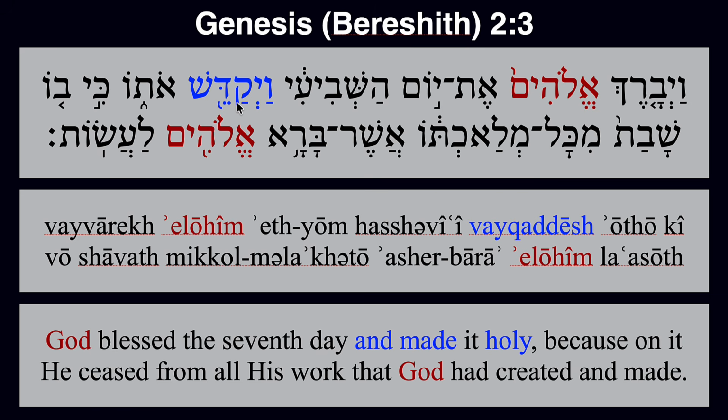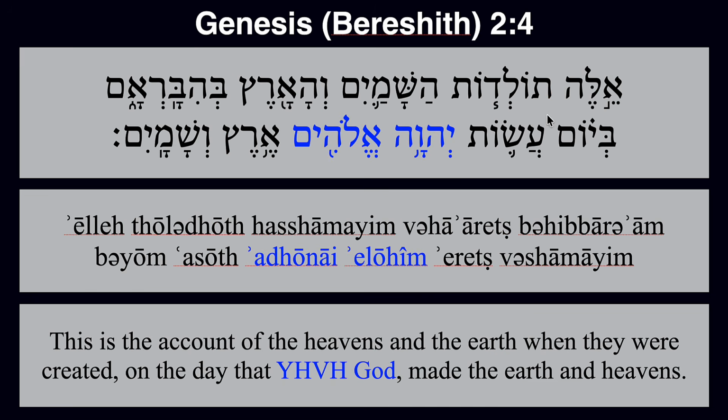Why is this important? Once the day was sanctified, we see Hashem is introduced in the next verse. Hashem is introduced with the compound name Hashem Elohim. Elle toledot hashamayim ve'haaretz behibbaram beyom asot Adonai Elohim eretz v'shamayim.